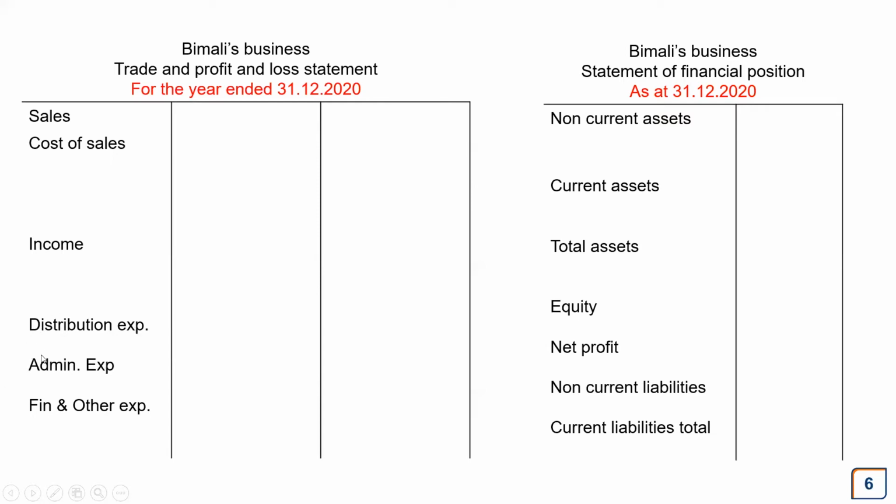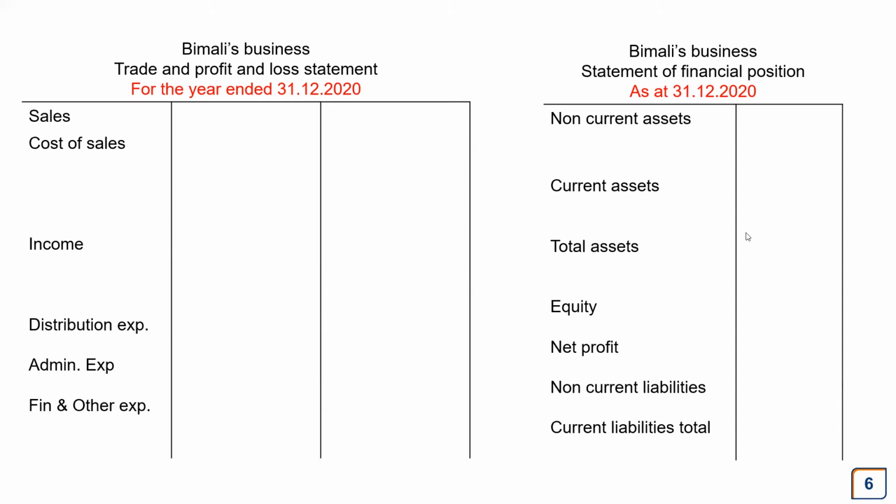You leave a few lines for administrative expenses, finance and other expenses, so that you can easily do your recordings in the exam. If you practice this at home, once you go to the exam, you can easily manage your time.